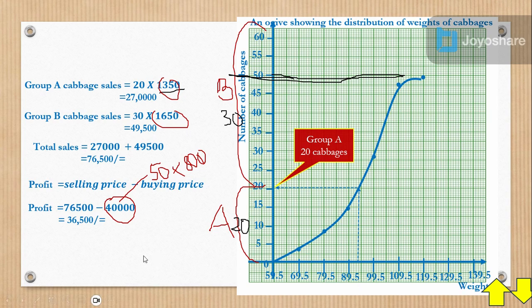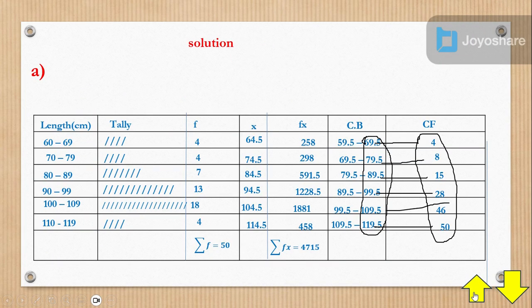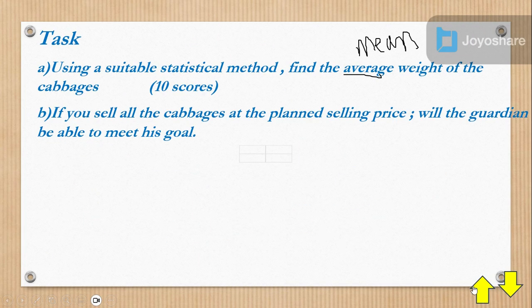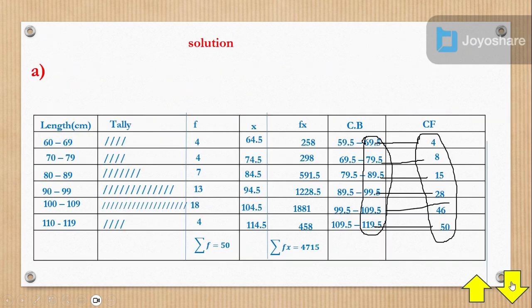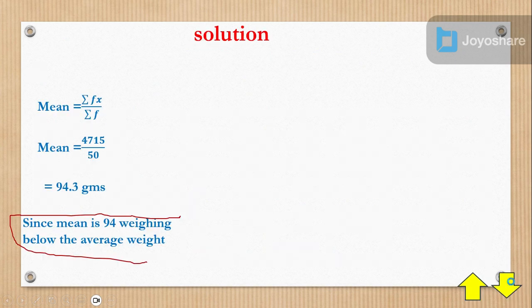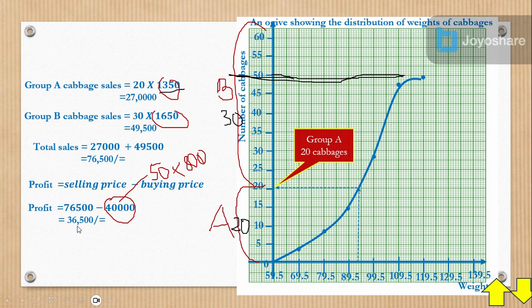Now let's look at Dikapa's goal. Remember, he is getting 36,000 profit after everything. In the question it says difficulty to pay for sports uniform, which is 38,000. So did he get the 38,000? No, he didn't get the 38,000. Finally he got 36,000. Therefore he didn't cover his goal.